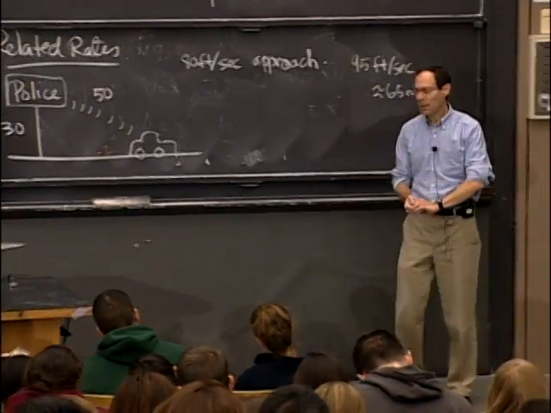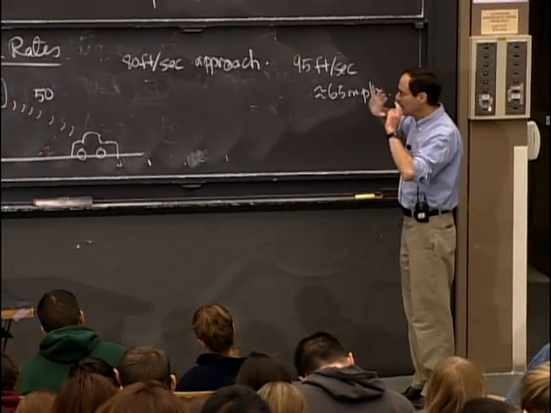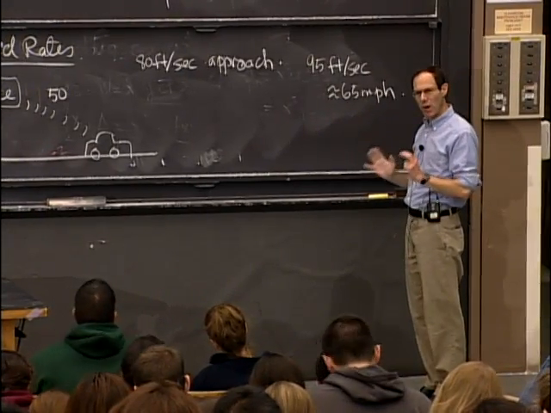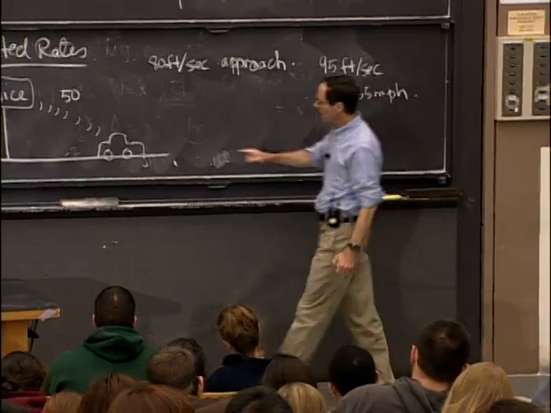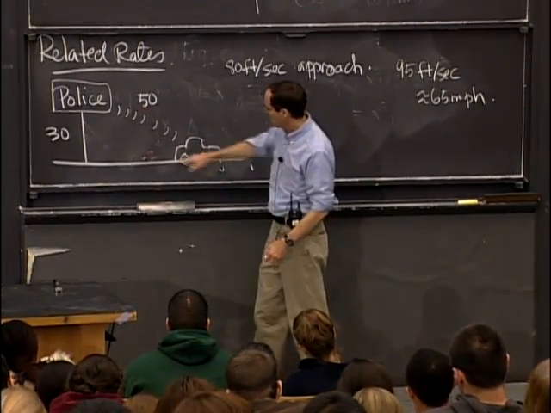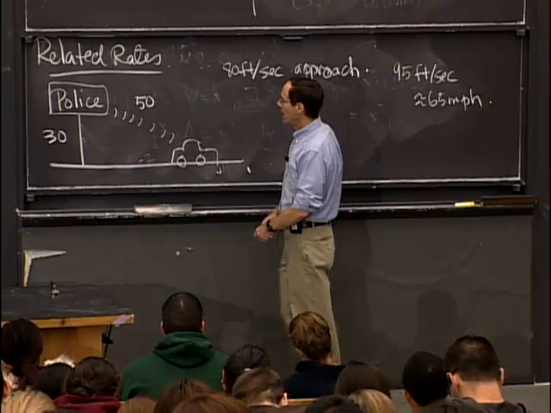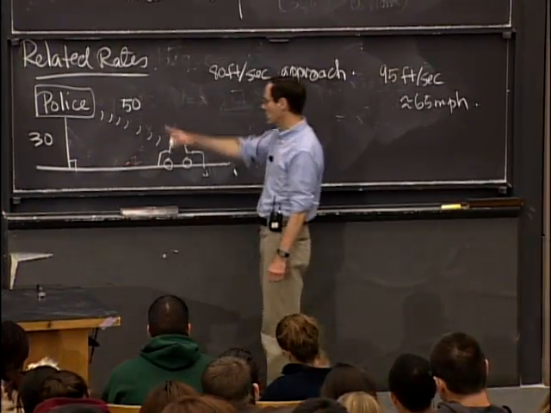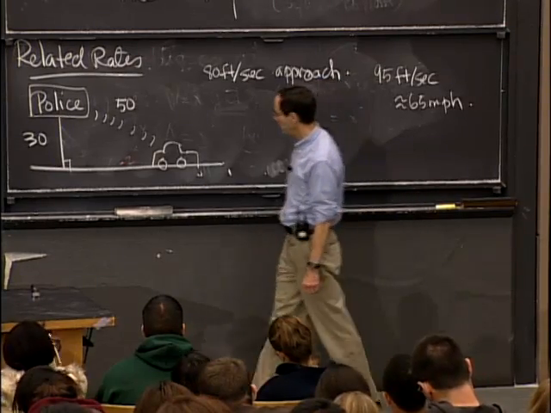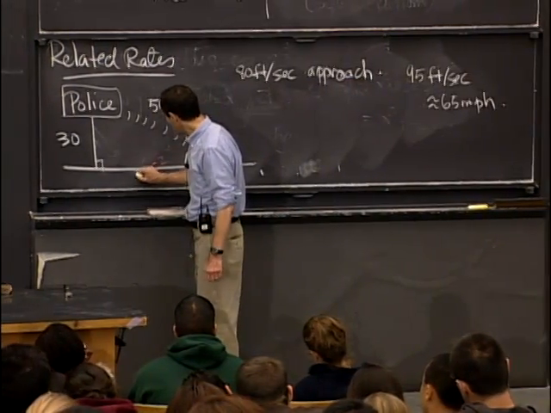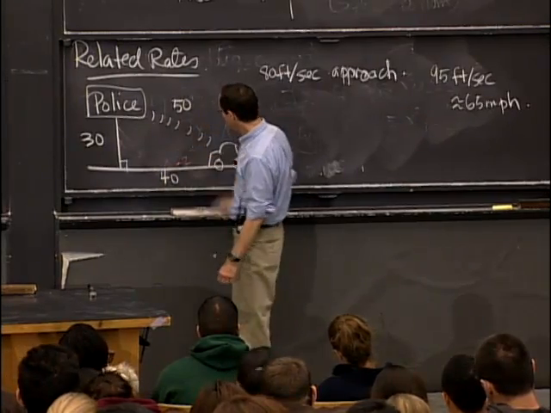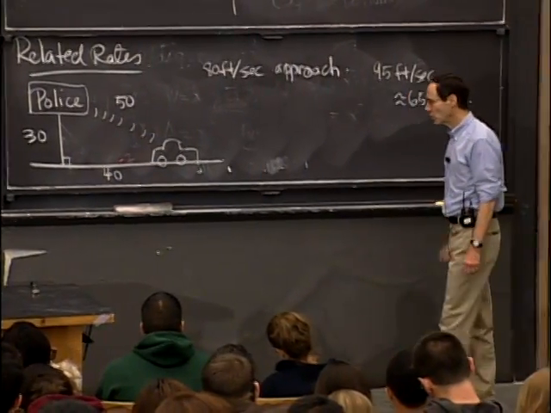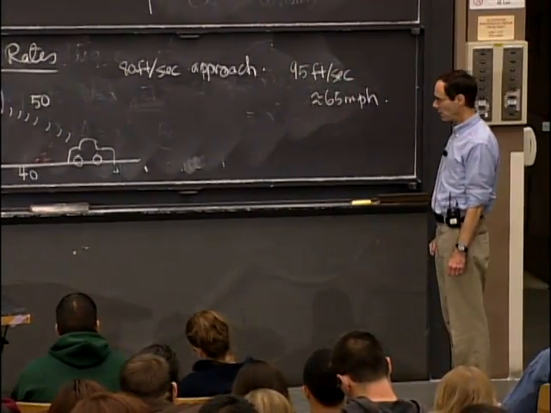So what I want to do now is show you how you set up a problem like this. All right? This distance is 50. This is 30. And because it's the distance to a straight line, you know that this is a right angle. So we know that this is a right triangle. And this is set up to be a right triangle, which is an easy one, a 3, 4, 5 right triangle, just so that we can do the computations easily.